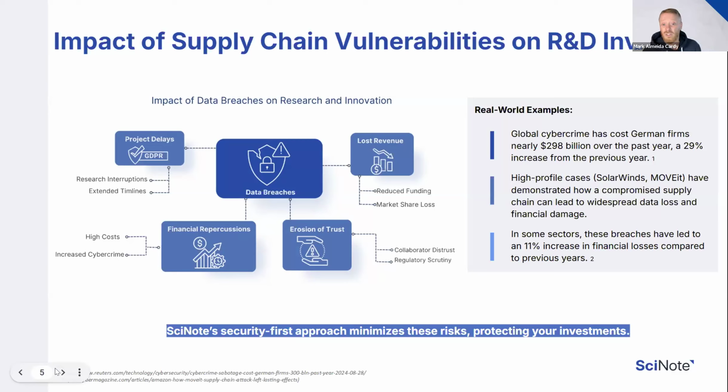Global cybercrime cost German firms nearly $298 billion last year alone, up 29% from the year before. As I say, cases like SolarWinds and MOVEit do show how widespread damage can be. And SciNote's security-first design minimizes these risks, keeping your R&D investment safe and your research on track.